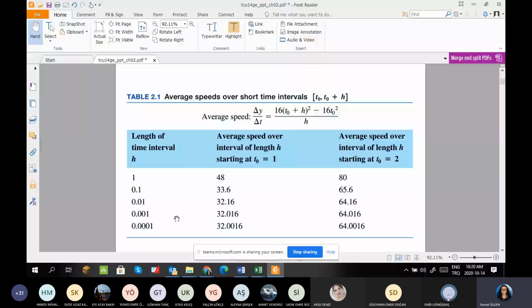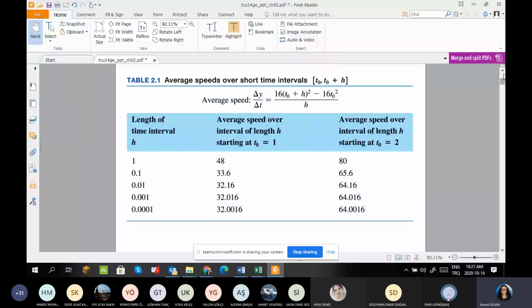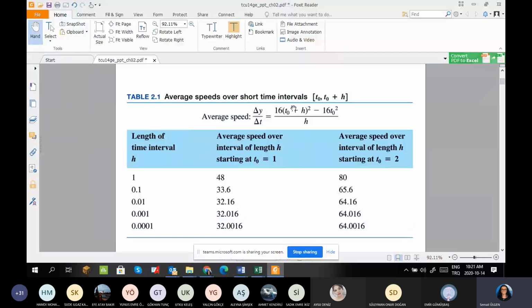So let's say the length of the time interval, we call it h. If the length of the time interval is just 1, then we use the velocity function. Let me see whether this comes from the example. Just a sec. Yeah, because this formula is the distance formula.